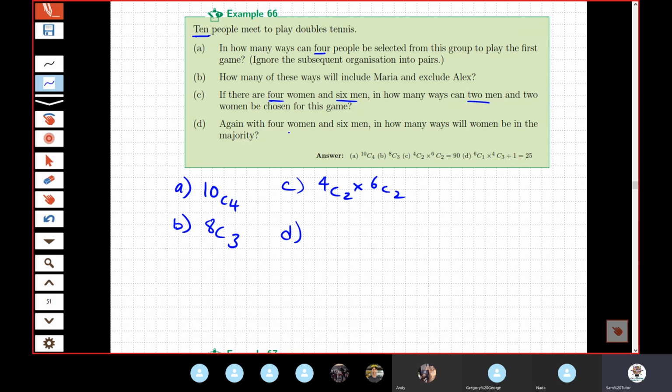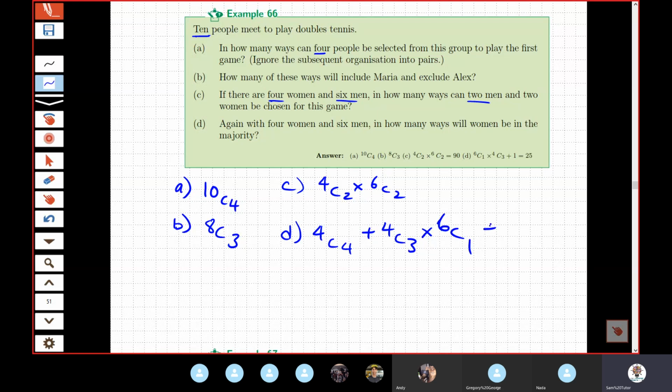For women to be in the majority, it would have to be 4 choose 4 plus 4 choose 3 times 6 choose 1, 6 men choosing 1.